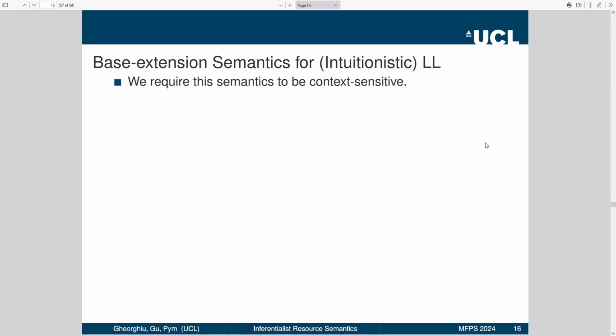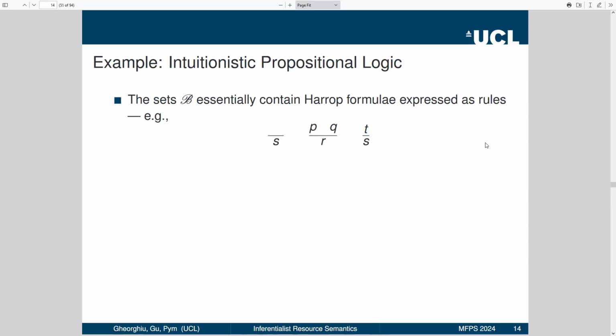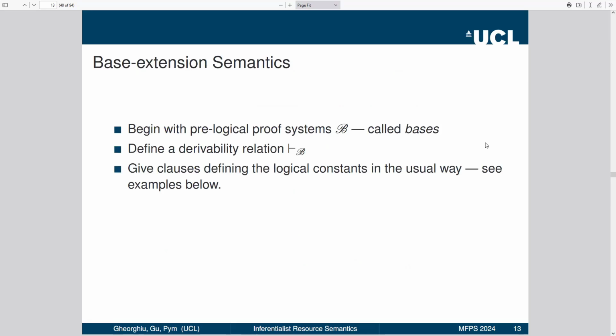In all these cases, for all the logics I've shown here, they are of this form. So there are primitive rule systems, strongly connected to logic programs. That doesn't seem to be essential, right? The point is really this: you have some pre-logical notion of proof.